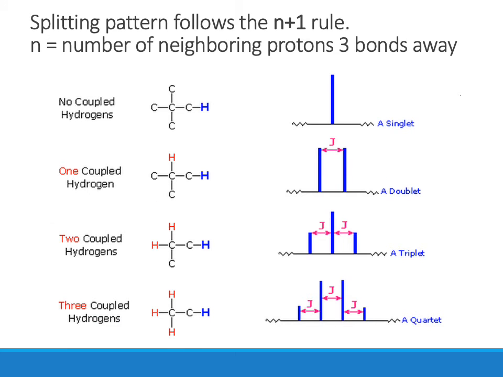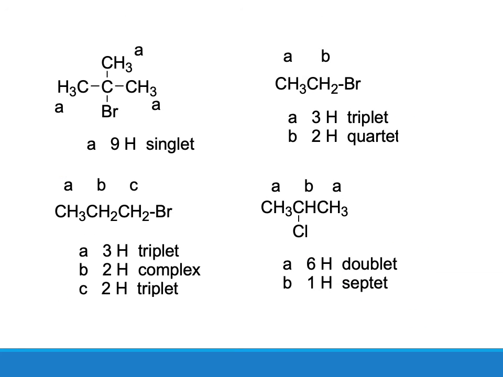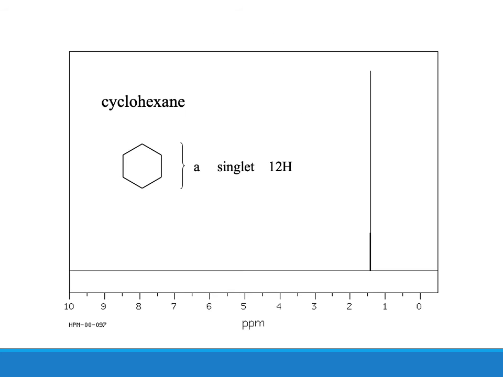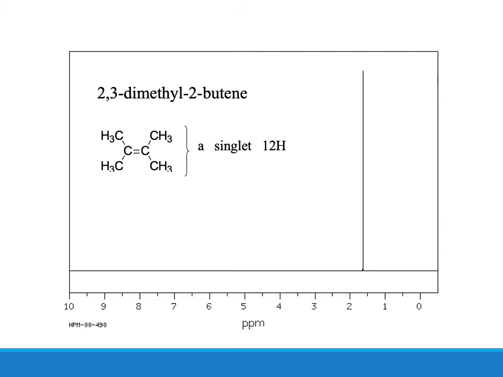So here is the splitting. For the splitting, we just need to differentiate between two signals that are very close together. For cyclohexane, as you see, we have one signal. There is no splitting for cyclohexane.